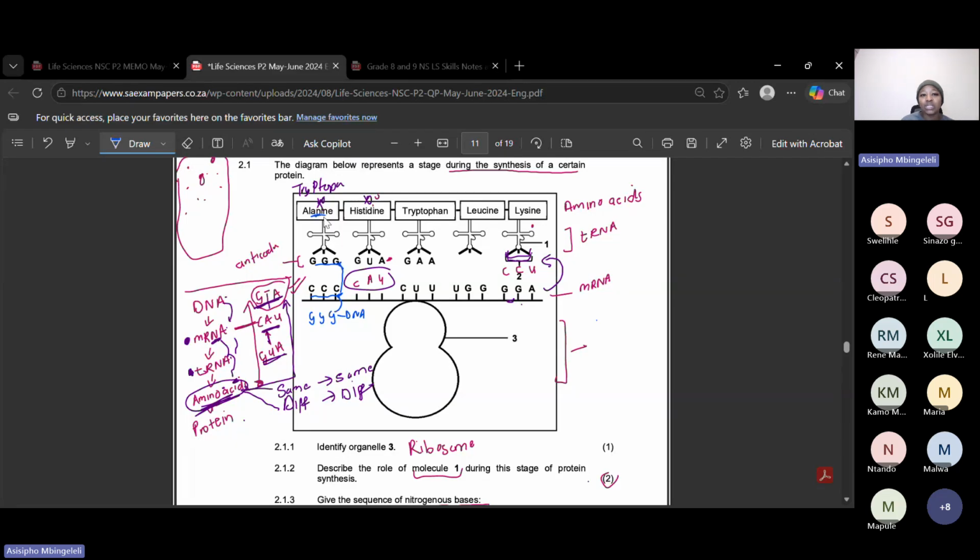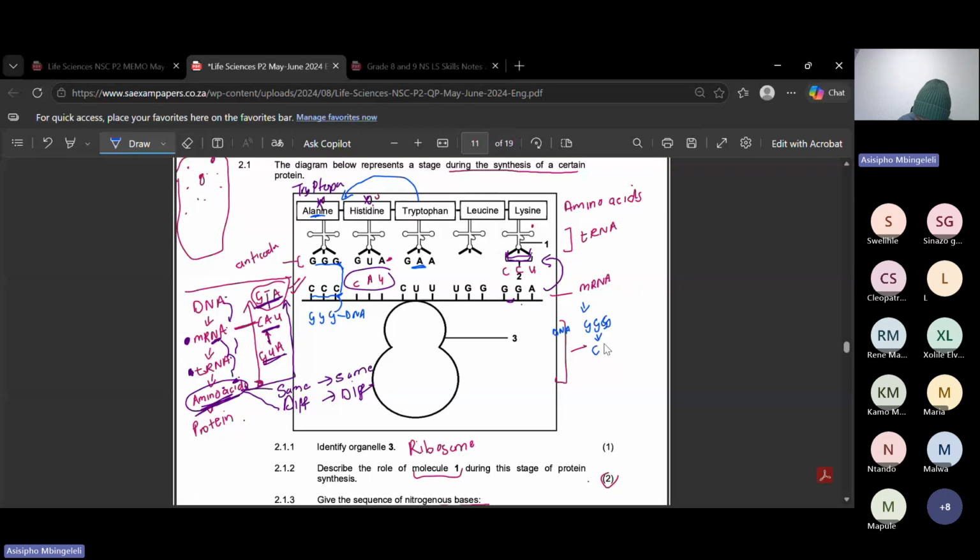But now, this alanine got replaced with tryptophan. We know the bases for tryptophan. So what are the bases for tryptophan? Anticodon is GAA, codon is CUU, and then that was the amino acid. So what happened here? Let's figure it out together. When we still had our alanine, we had GGG, which was our DNA, which coded for, I'm going to wait for my pen, which coded for messenger RNA CCC.